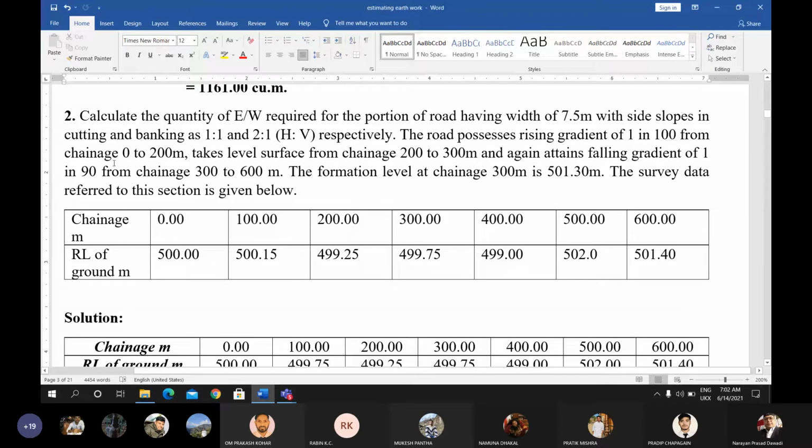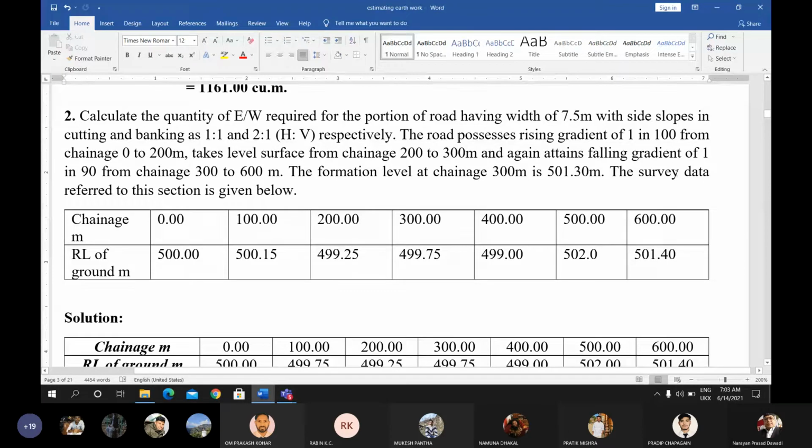Then it takes a level surface from 200 to 300 meter. That is, the road is plain. The RL of the formation level from chainage 200 meter to 300 meter is the same. There is no change in elevation of the formation level between 200 and 300 meter.